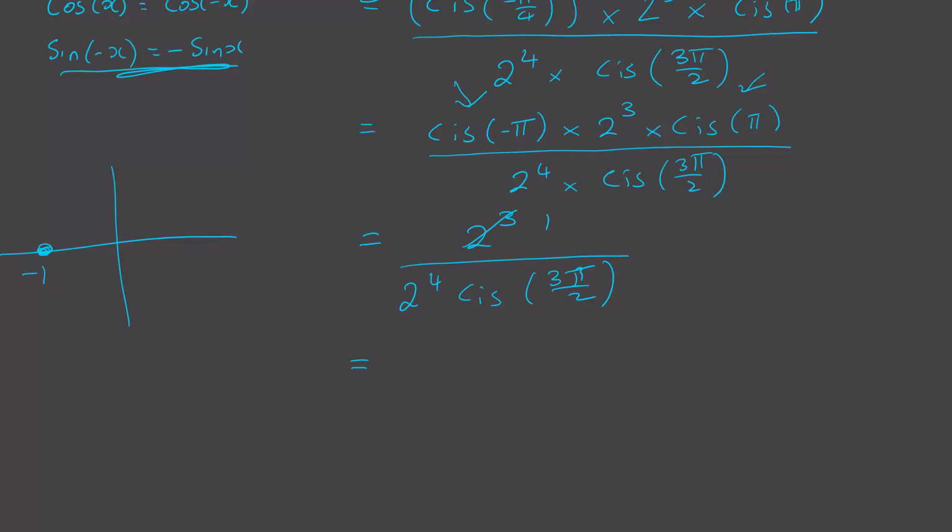And these will cancel. And we have cis negative 3 pi by 2 divided by 2. And where is negative 3 pi by 2? That's around here. And so that is just i. So what we get is i by 2, or a half i.